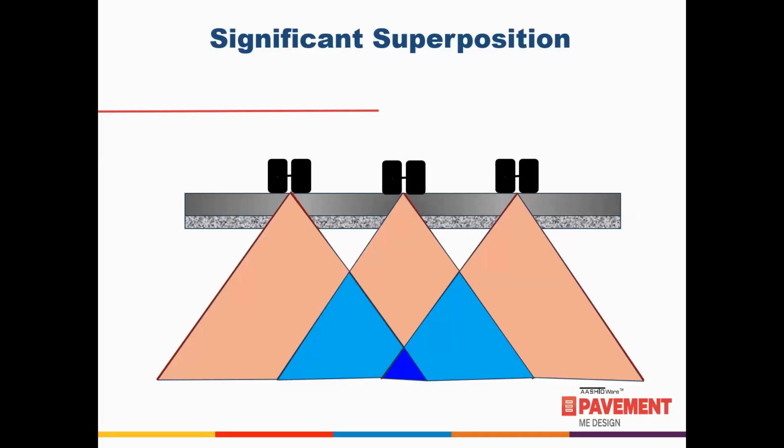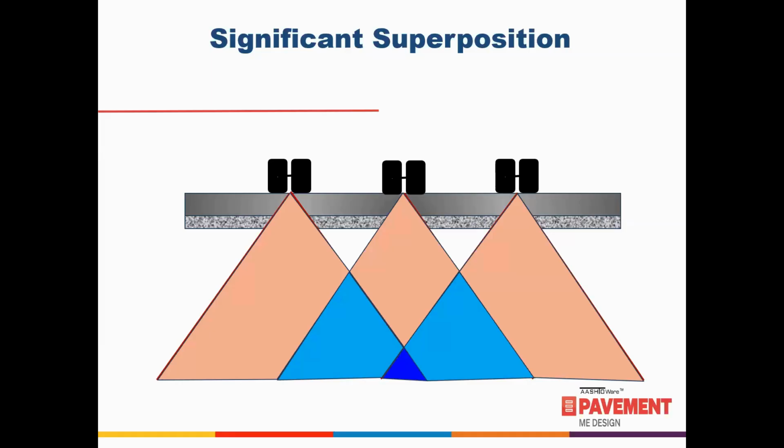Now, it's really important to be able to know what every set of tires is, how it's impacting another set of tires. It all comes down to the amount of stress that's superimposed at any one location. This is very, very simplistic, but this is just showing you where you have three sets of dual tires.